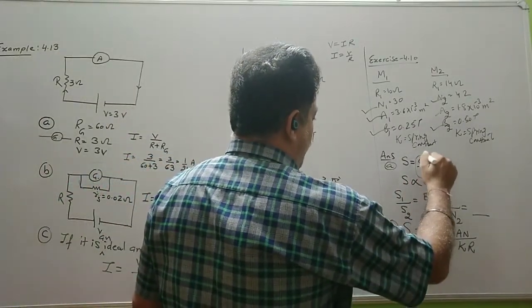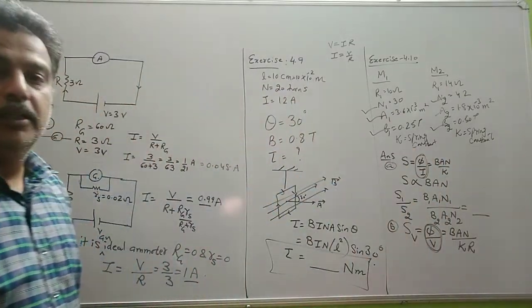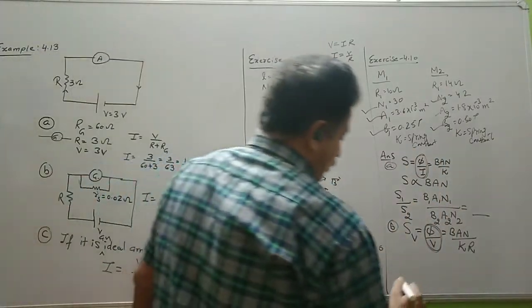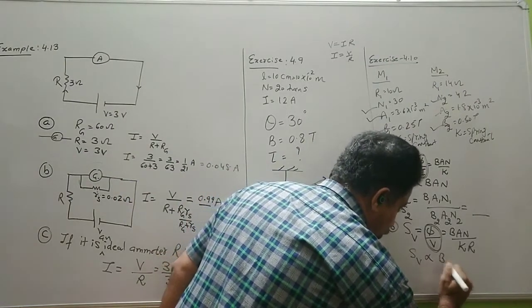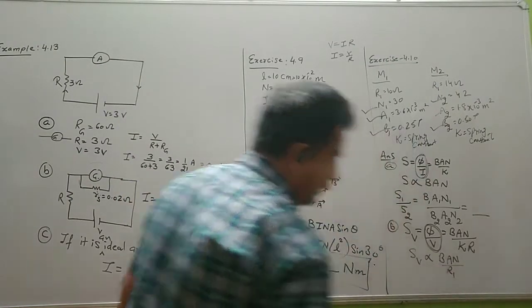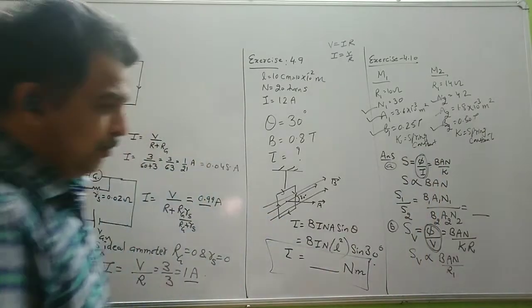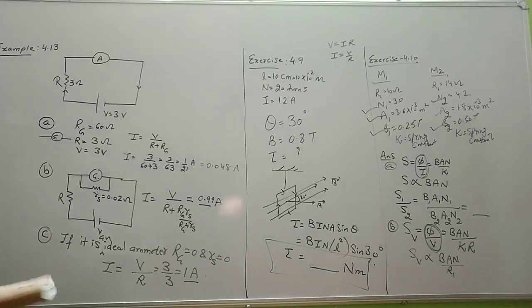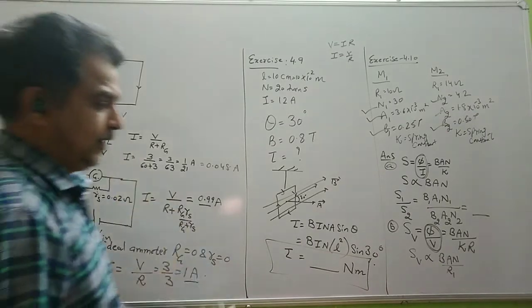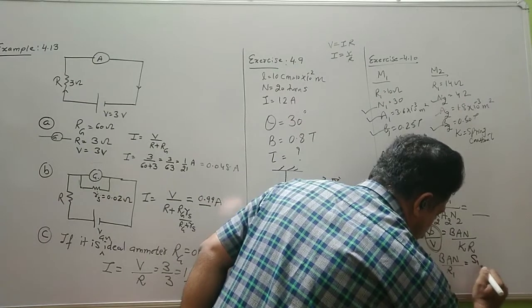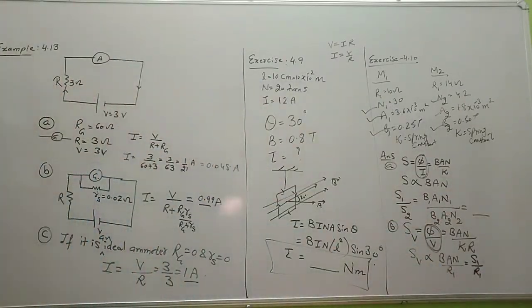This is the deflection per unit voltage, which is called voltage sensitivity, and the deflection per unit current is called the current sensitivity. So we can write SV is proportional to BAN upon R. Because we have found the current sensitivity, we can directly write BAN upon K as S1, so either you substitute all the values or you divide the current sensitivity by the resistance.